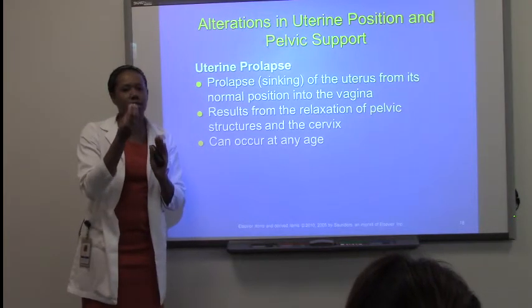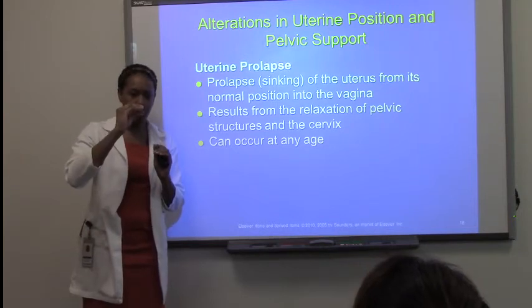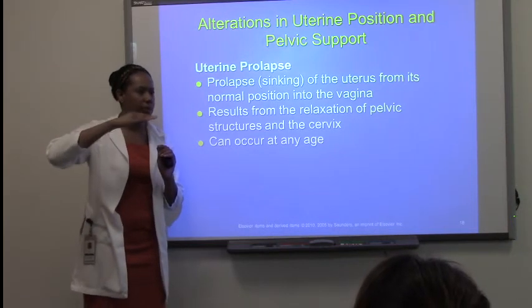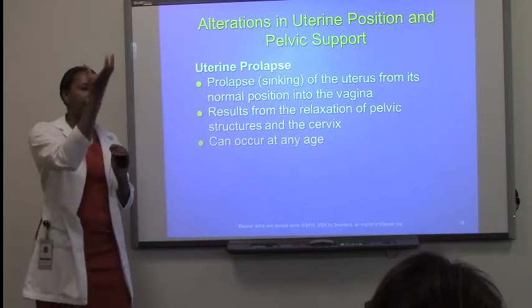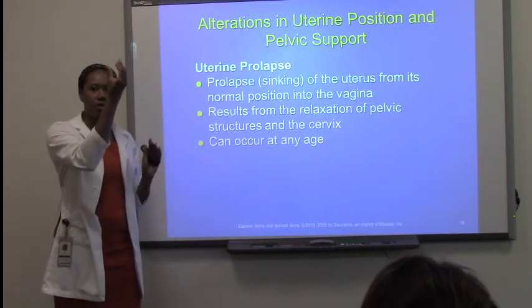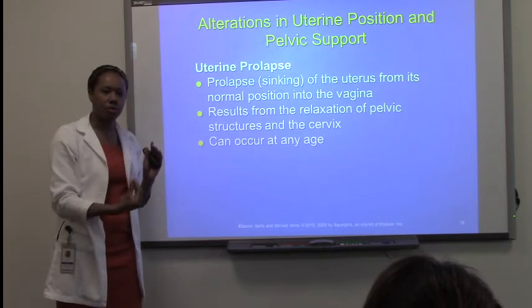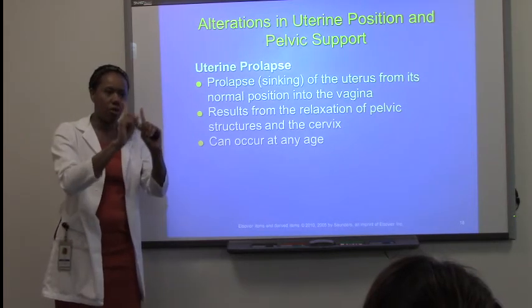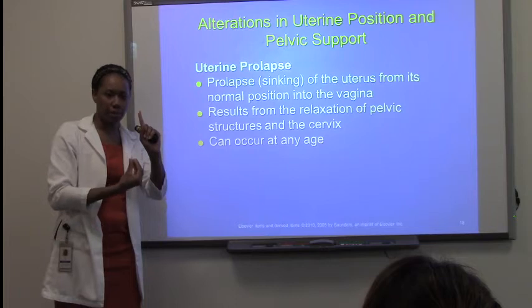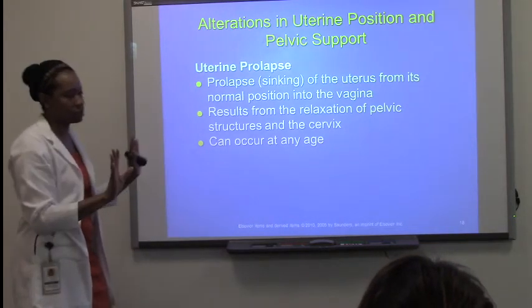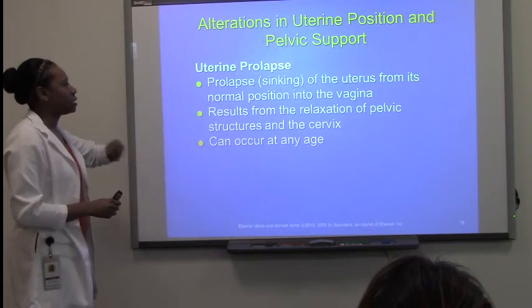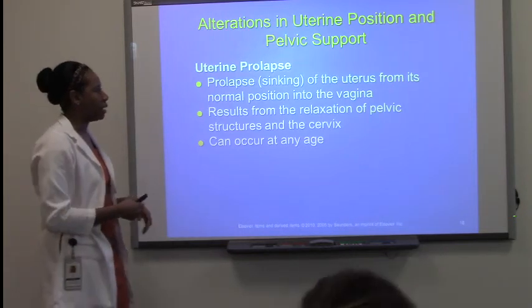But keep in mind that the cervix is just the lower portion of the uterus. It's not a separate entity. So when we have uterine prolapse, the uterus actually will drop through the vagina. It's the cervical portion that will drop down, and then you'll get the full thing. I'll show you a picture in a second. You'll see exactly what I'm talking about. It's the whole thing that drops down.